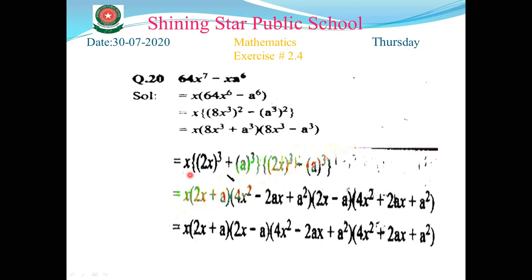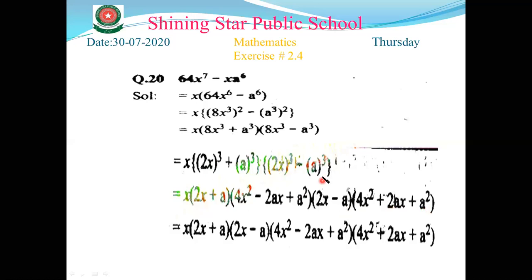Now a cube plus b cube into a cube minus b cube. So again we open the formula: a plus b and a square minus ab plus b square, and here a minus b, a square plus ab plus b square according to the formula.